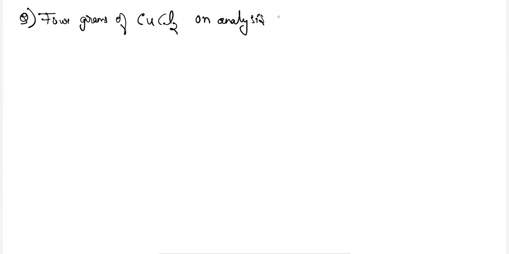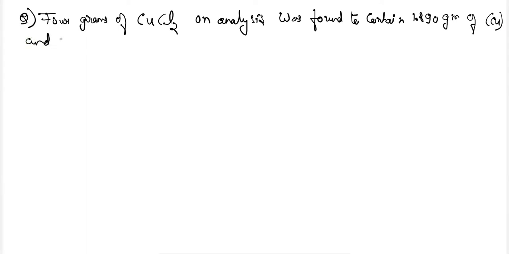The question here is: 4 grams of copper chloride on analysis was found to contain 1.890 grams of copper and 2.110 grams of chlorine. What is the empirical formula of copper chloride?